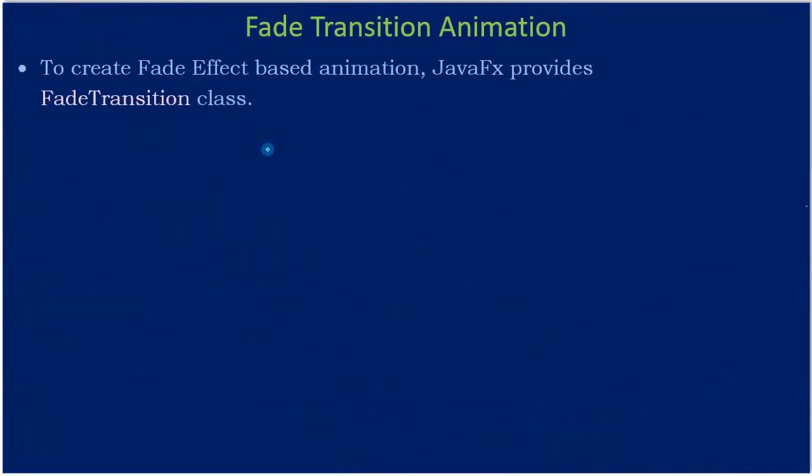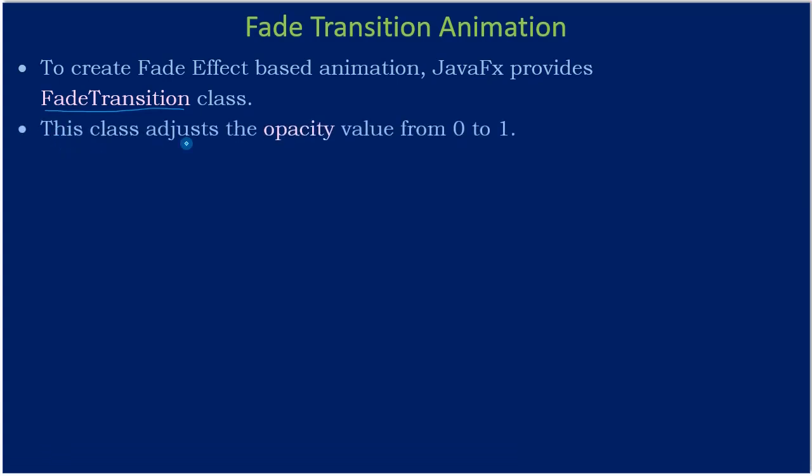To create fade effect based animation, JavaFx provides the FadeTransition class. So this is the class we will use to perform fade animation. This class adjusts the opacity value from 0 to 1. So opacity value of any shape we can say.